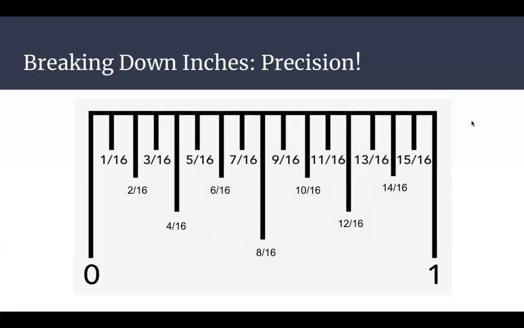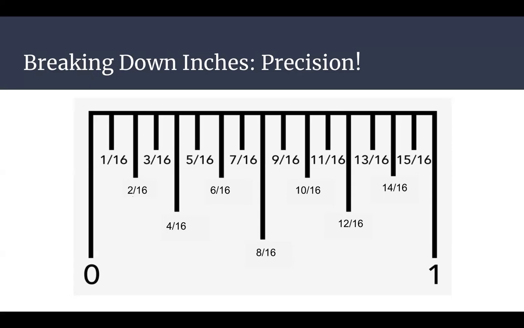Moving forward, if we break down this inch, like I said, there are 16 parts to an inch. Notice that every line is labeled with a fraction out of 16ths. If you've ever heard in math class, you record the part over the whole. That is how you set up a fraction.